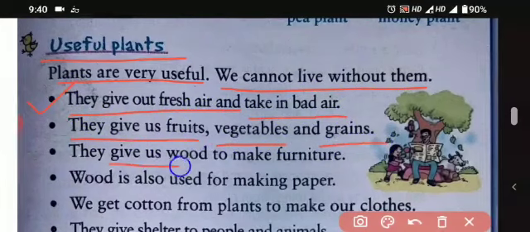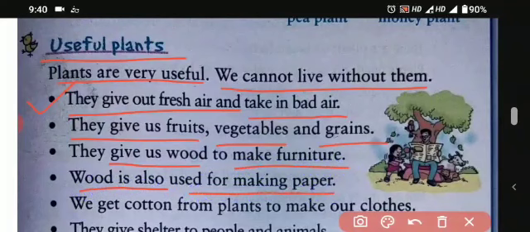They give us wood to make furniture. Trees also give us wood to make furniture. Wood is also used for making paper.